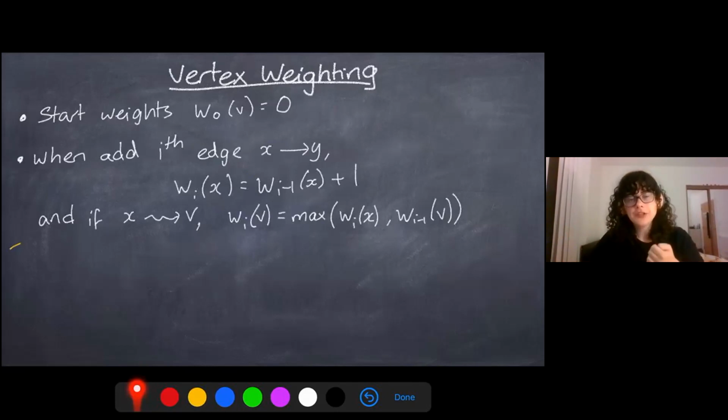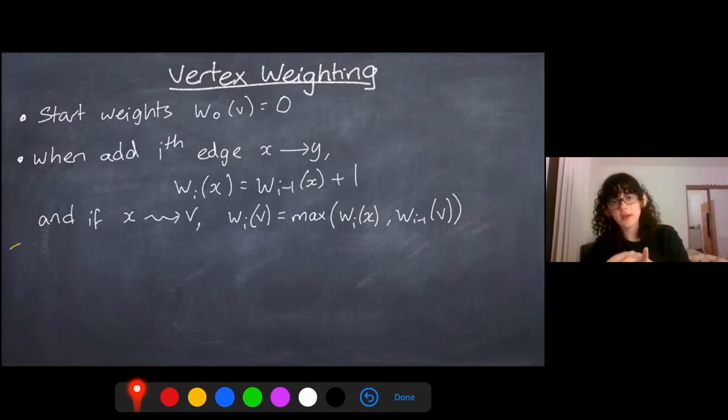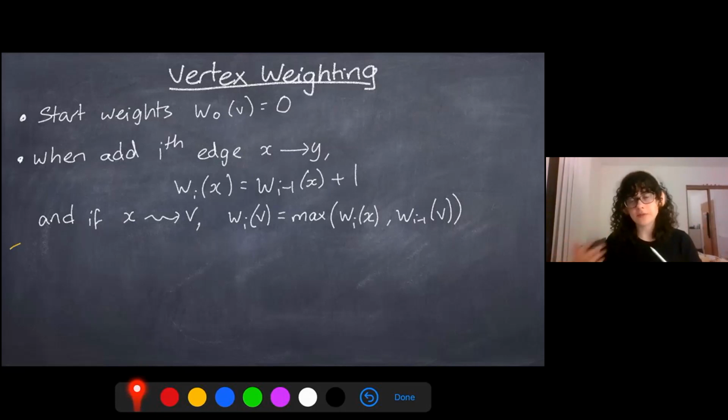So when we add the ith edge, which is an edge from x to y, how do the weights update? Well, the weight on x itself is going to increase by 1, and that's capturing that the random process has to land on x within our semi-random graph to make a copy of this edge. And the more unusual part is if a vertex v has a directed path from x to v, then v either keeps its weight if its weight is bigger than the weight of x, or it inherits the weight from x.